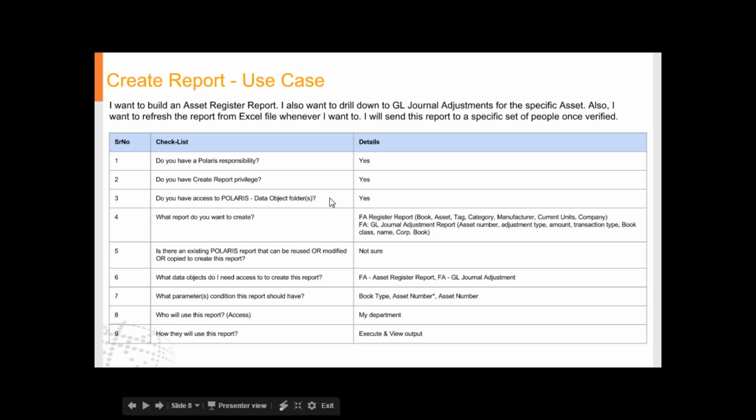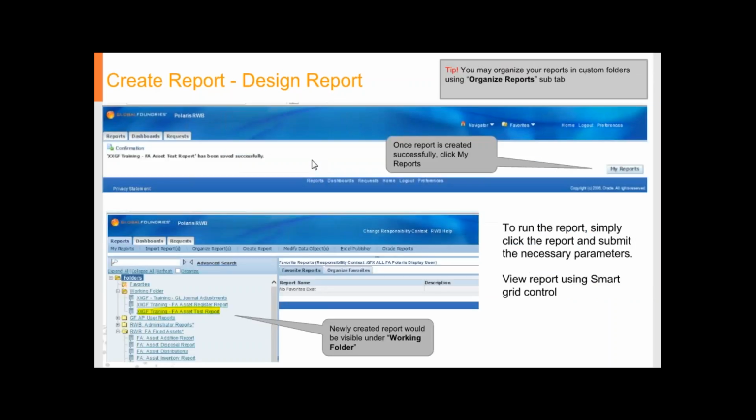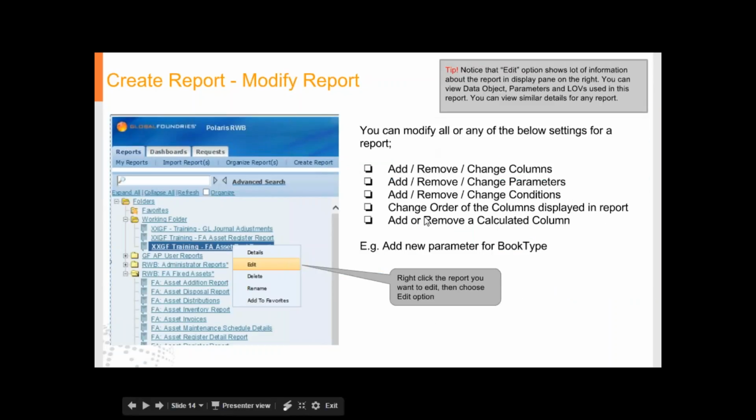All right, so going back to my presentation slide, we reviewed the checklist, we designed the report, and we also looked at the modify report. So this concludes the modify report feature of Polaris.